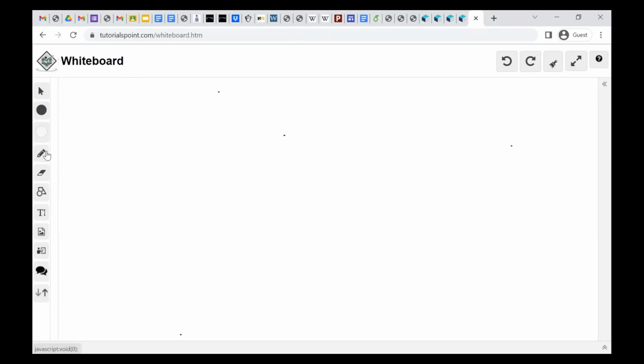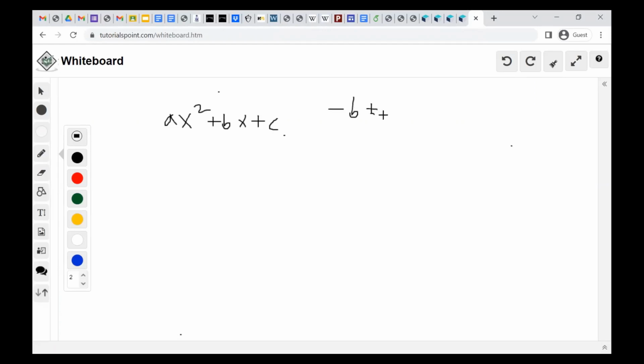How it works is, you guys have probably seen some of this before, if you have a degree 2 polynomial, ax squared plus bx plus c, this is going to have two roots, which are negative b plus or minus the square root, over 2a.